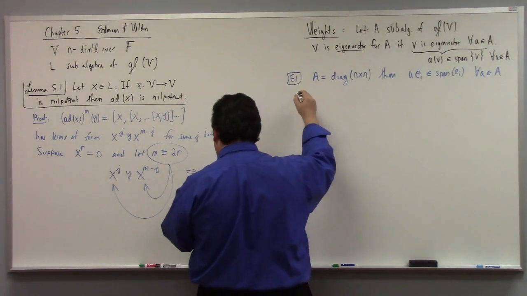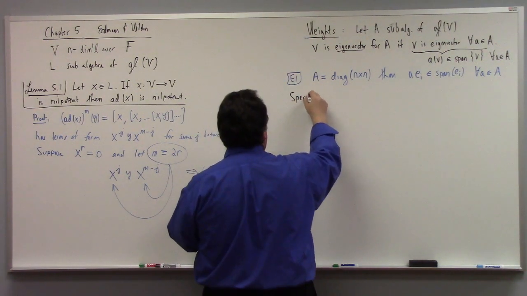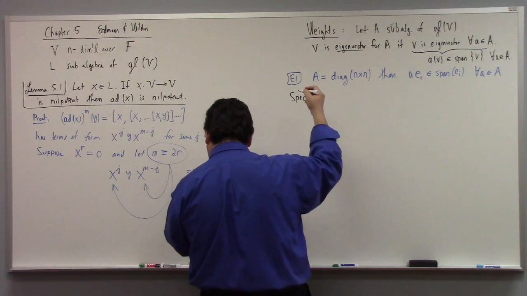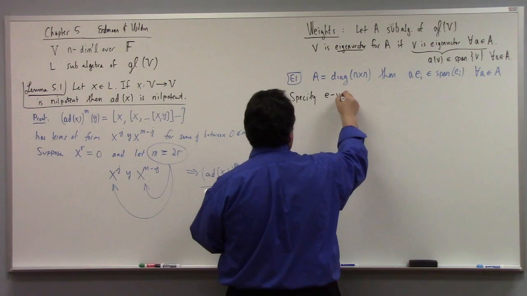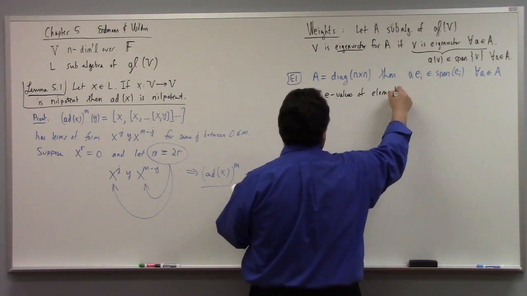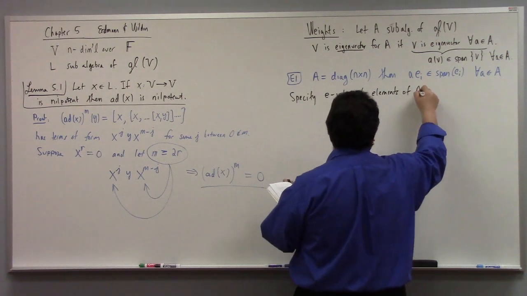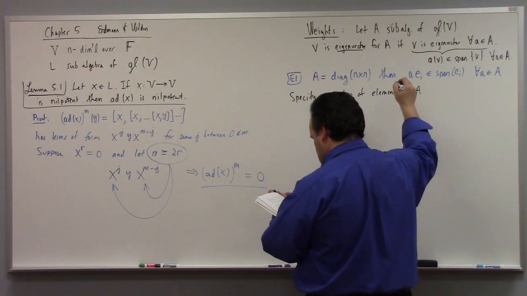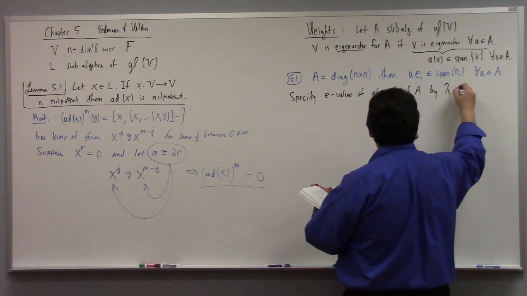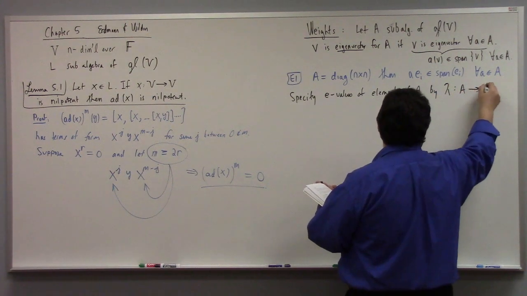He says we're going to specify eigenvalues of elements of A by lambda, which is going to be a function from A to the field. All right?